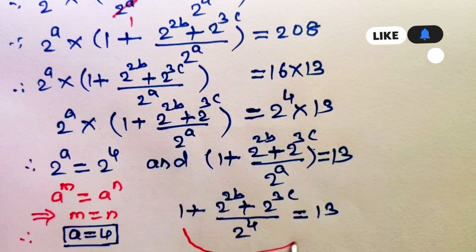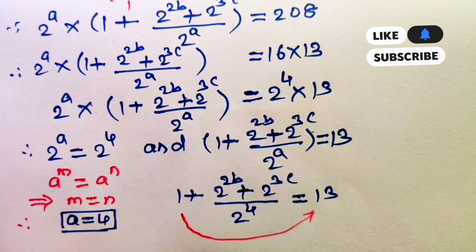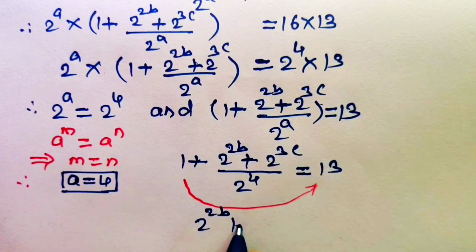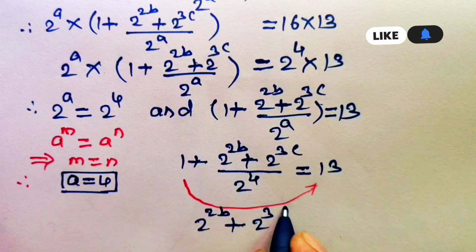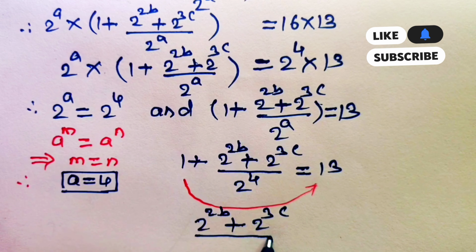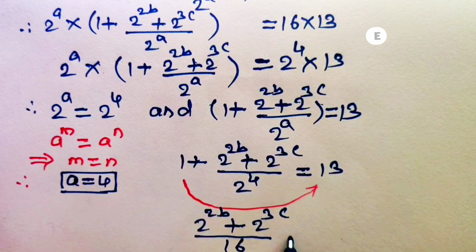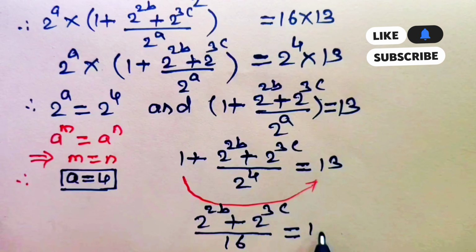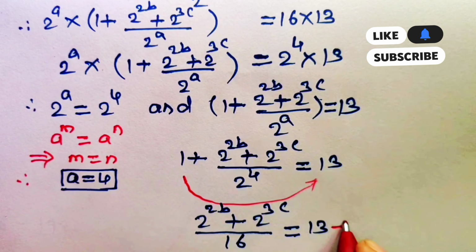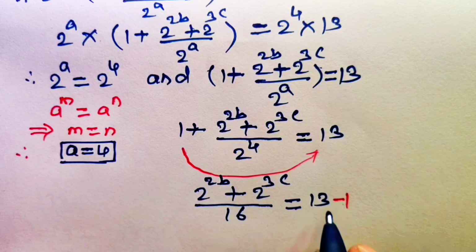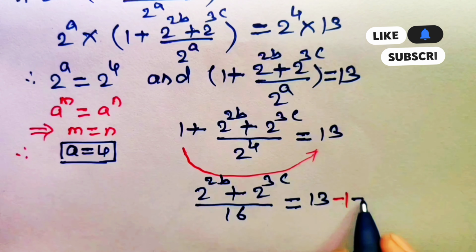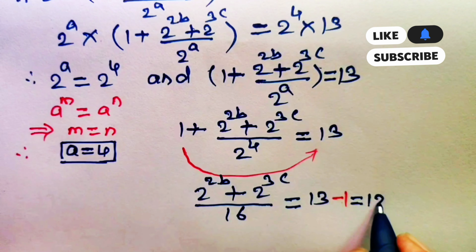Now taking this 1 on the right hand side, 2 to the power 2b plus 2 to the power 3c divided by this 2 to the power 4, which is nothing but 16, is equal to 13 minus 1. Hence 13 minus 1 is equal to 12.